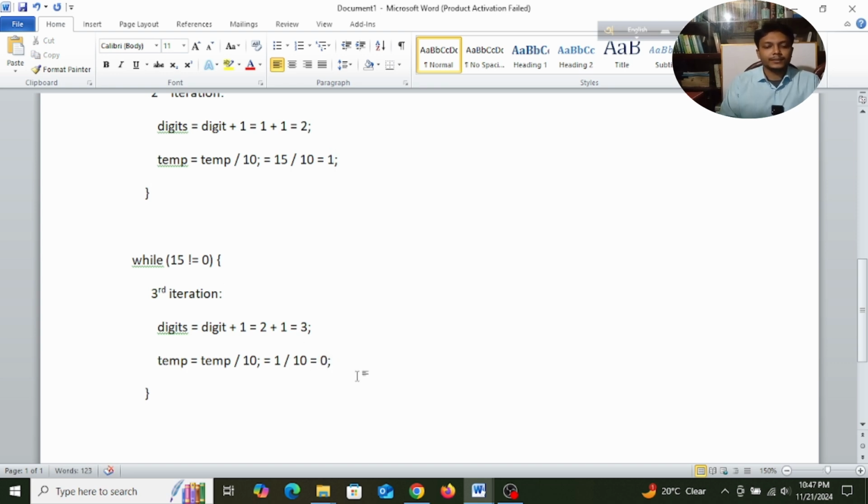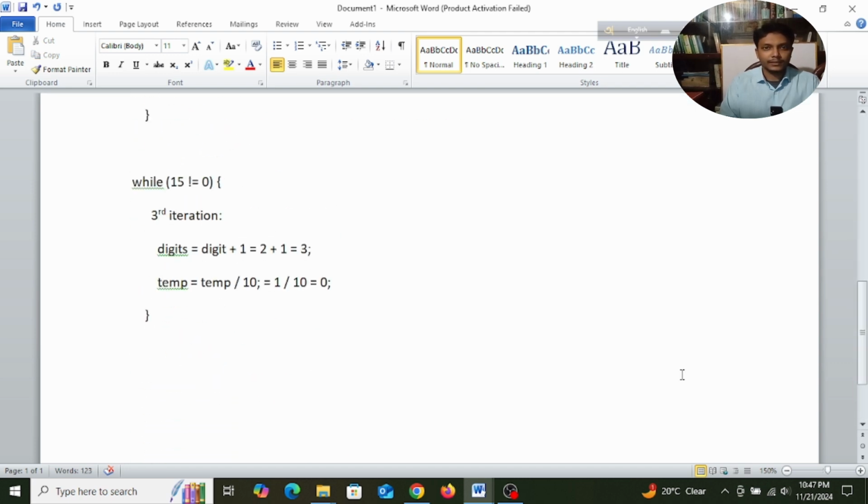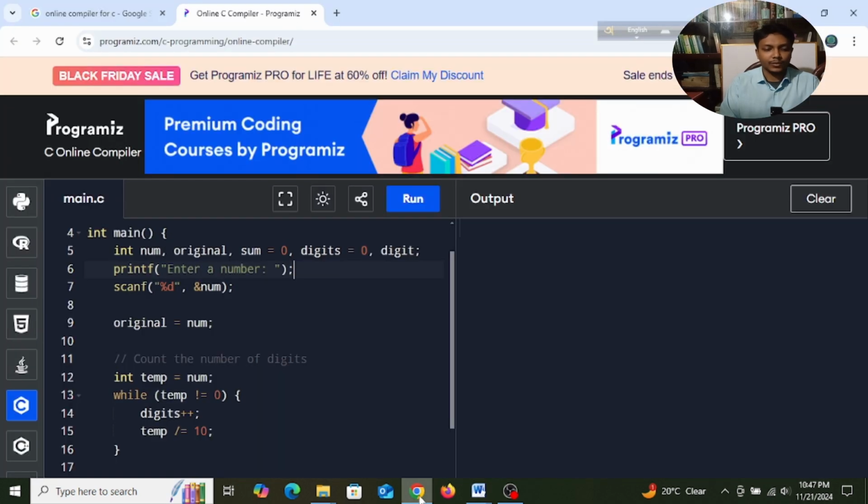So we're getting the result 0. Now we have 3 digits. If we consider 153, then 3 is a digit, 5 is a digit, 1 is a digit, so we have 3 digits, right? I hope you understand so far.